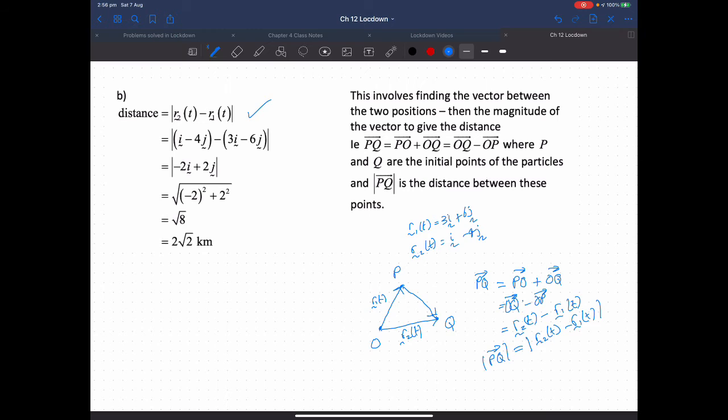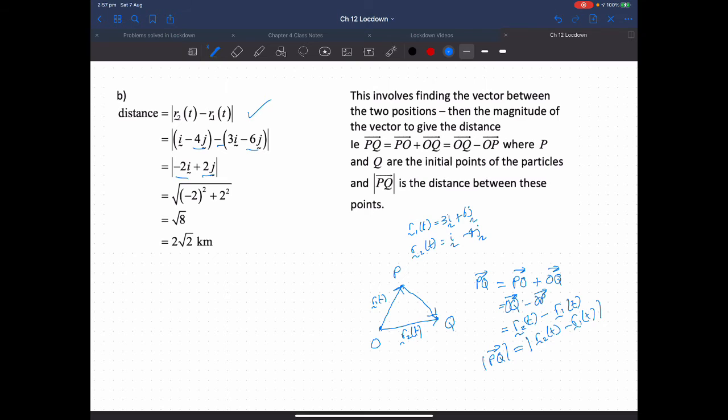Combining those together, 1i minus 3i gives me negative 2i, minus 4j minus 6j gives me 2j. And I'm going to take the absolute values of these using the relationships you used earlier on in the year.